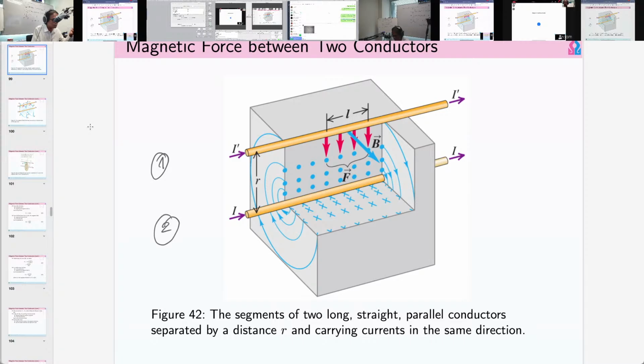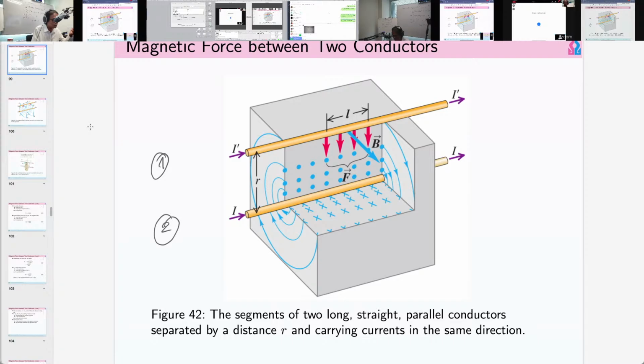Here, for simplicity in the first case, we assume that the current flows in the same direction through both conductors, from left to right.